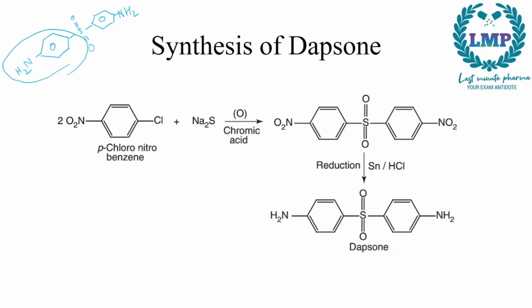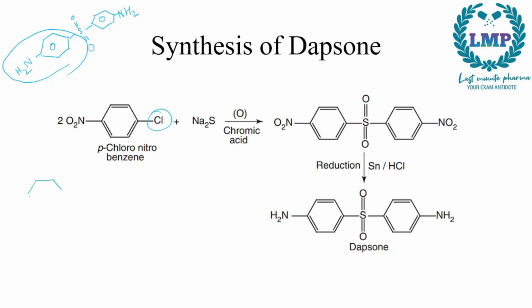We will take p-chloronitrobenzene, two molecules. In the presence of sodium sulfide and chromic acid, there would be attachment of these two molecules by the removal of chlorine.